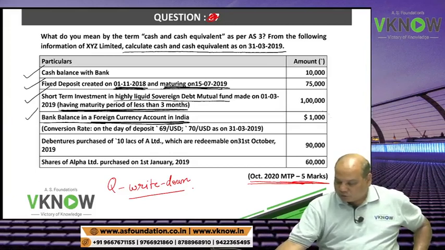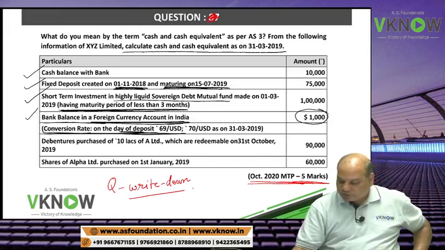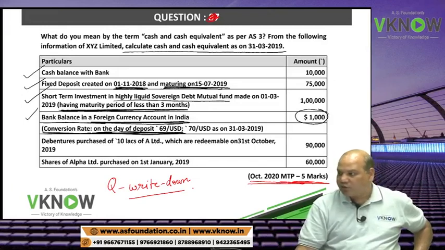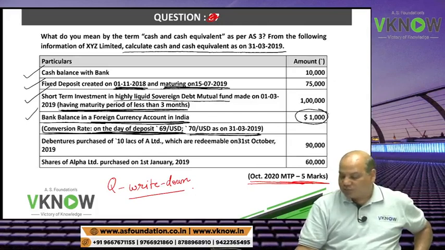So bank balance, write down $1,000, and in bracket below write down conversion rate on the date of deposit, rupees 69 per USD, and rupees 70 per USD on 31st March 2019.